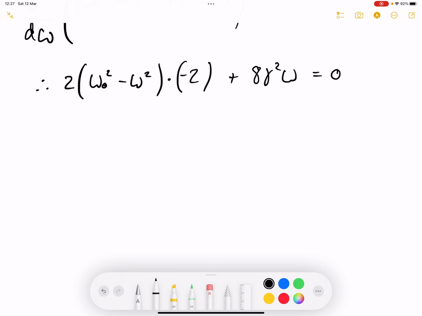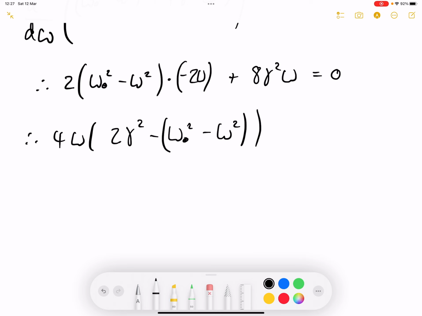So we're going to take out a factor of 4 omega. That should have a gamma there. We're going to take out a factor of 4 omega, so we're going to get 4 omega times 2 gamma squared minus omega naught squared plus omega squared equals 0. Have I got that right?